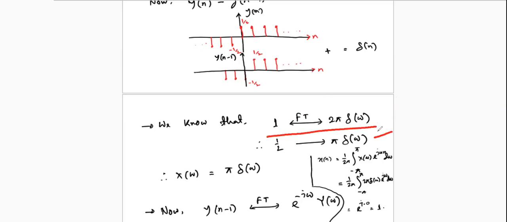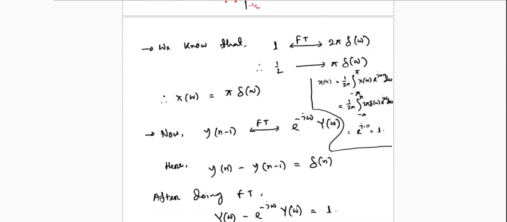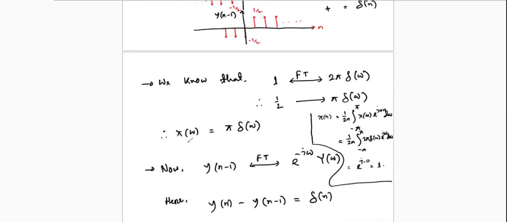From there, you can show that for the half, the Fourier transform is pi into delta omega. I have shown the proof here, so you can go through that. Now, what about x omega? X omega is equal to this one. We have already proven it, because x omega came from the half value.